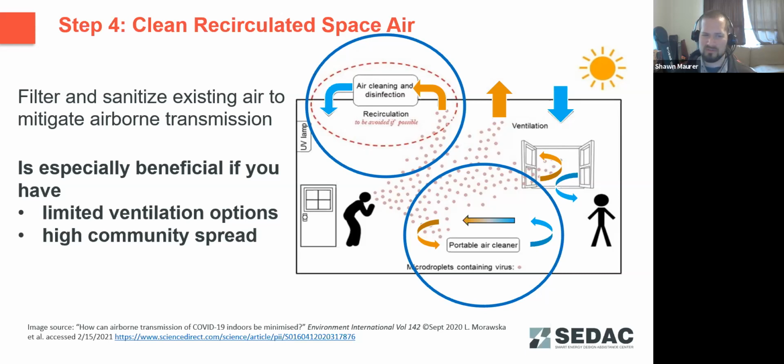This is especially beneficial if you've got limited fresh air ventilation options, particularly if you're in a building that doesn't have mechanical ventilation systems, like the older radiantly heated buildings with window units.